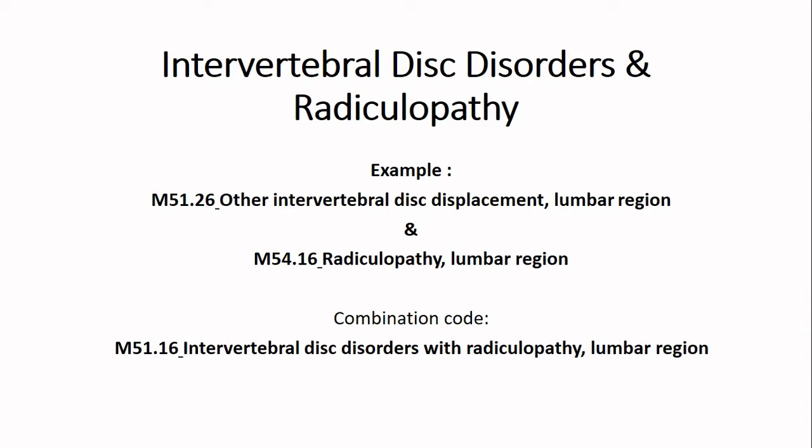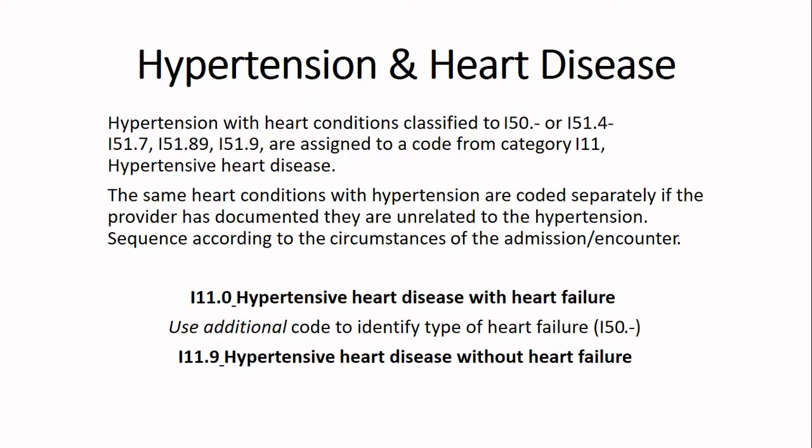Here the combination code is M51.16 for intervertebral disc disorder with radiculopathy. This single code involves both the intervertebral disc displacement as well as the radiculopathy for the lumbar region. So this will be the combination code for both these diagnoses.